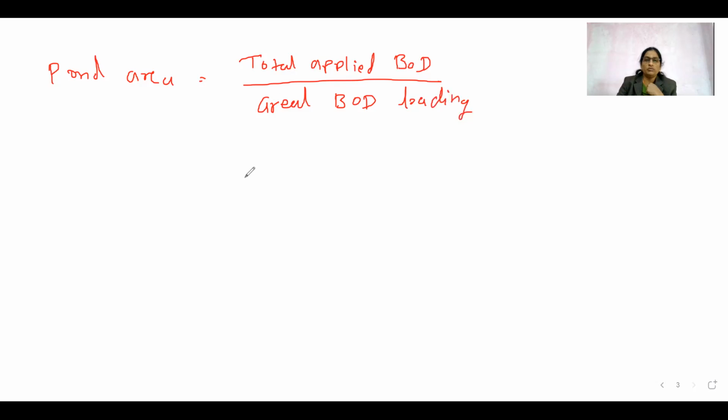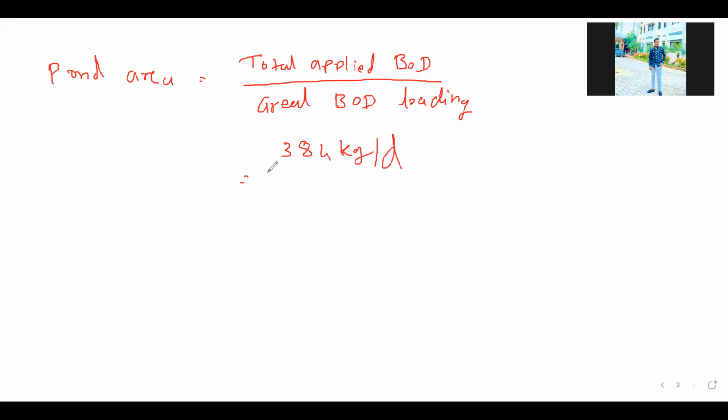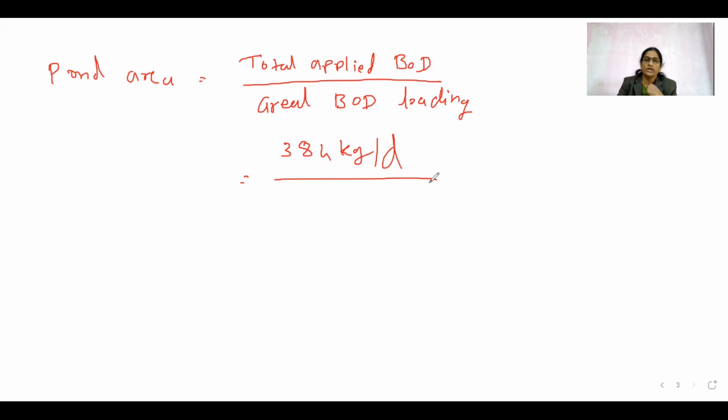The total BOD applied we have calculated at the first stage is 384 kg per day. Right, we calculated this total BOD upon aerial BOD loading. Recently we have calculated it, 219.08 kg per hectare per day.